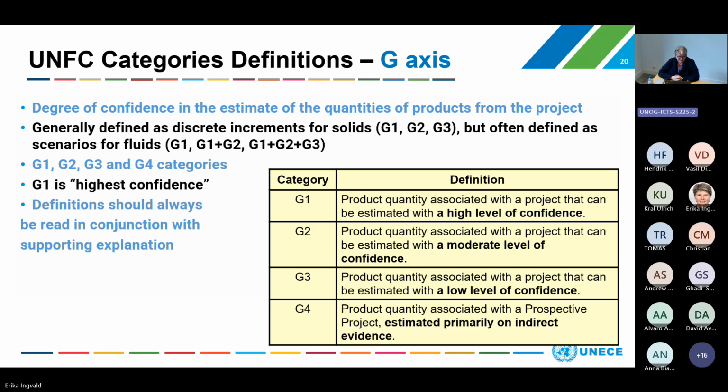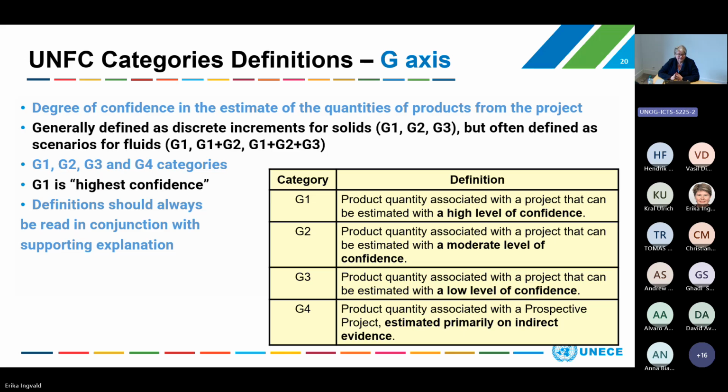And for the G-axis, this is where you describe the degree of confidence in the estimate you do of the quantities that you think your project is going to produce. For solids, it's usually used in discrete increments, but for fluids, it's sometimes used as scenarios.